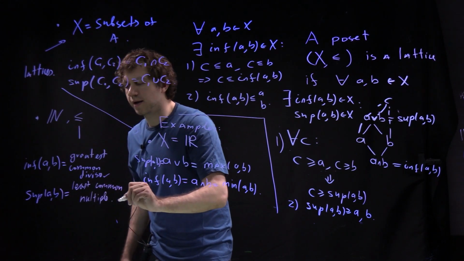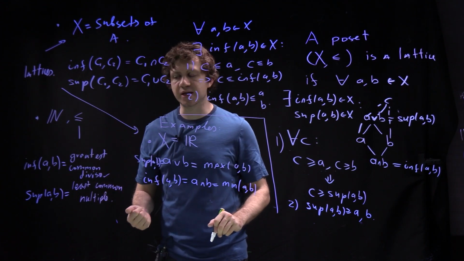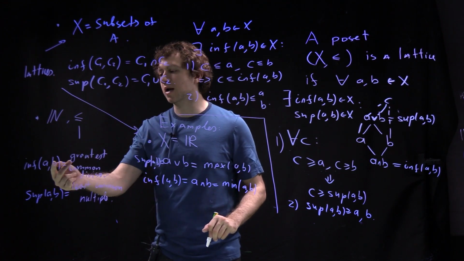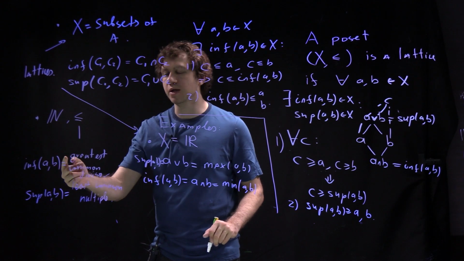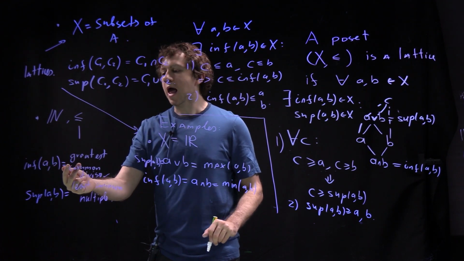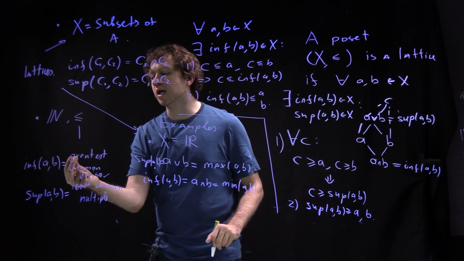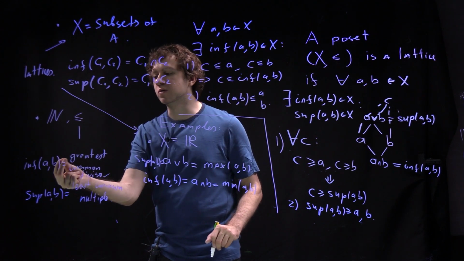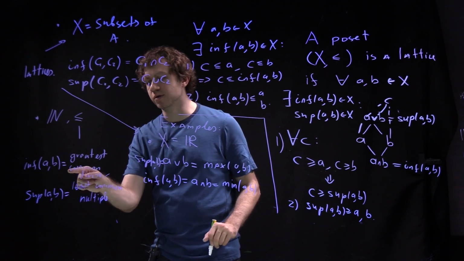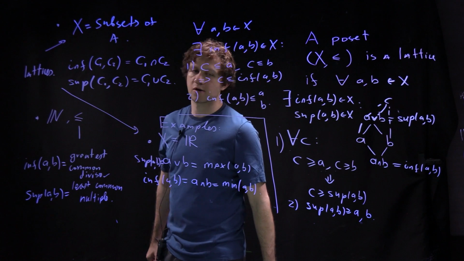So why? Again, because what is the greatest common divisor? Firstly, it should be a number less or equal than A, less or equal than B, so a divisor of both of them. Among these divisors, you want to take the biggest one, so that it will be greater or equal than any other divisor. That's what's called the greatest common divisor.